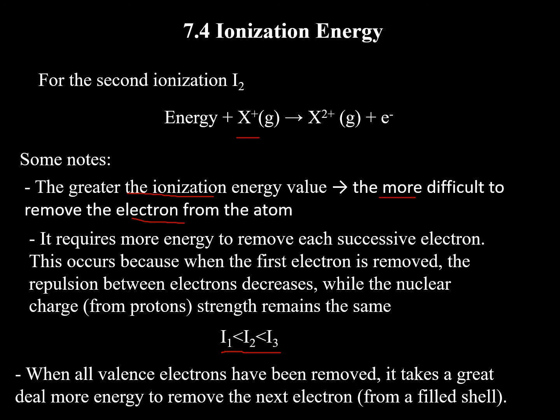And this is so because, again, the amount of protons stays the same. However, you have less electron repulsion between electrons on the same shell. If you have less repulsion, therefore it is more difficult to remove an electron from its outer shell.